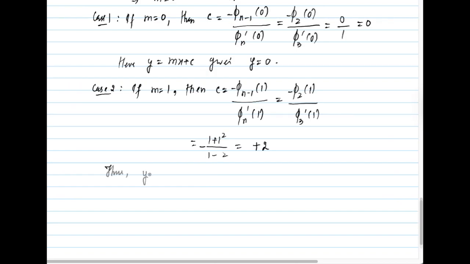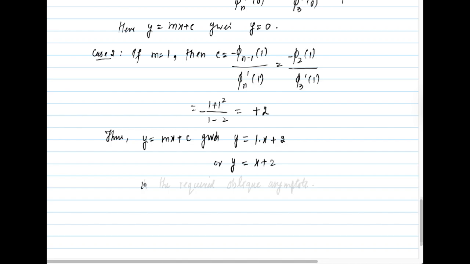So thus y equal to mx plus c gives, now here we have to add the values of m and c, so therefore this is y is equal to, now m is equal to 1, so it is 1x, then plus c is equal to 2, so this gives y is equal to x plus 2, or this is the required oblique asymptote.